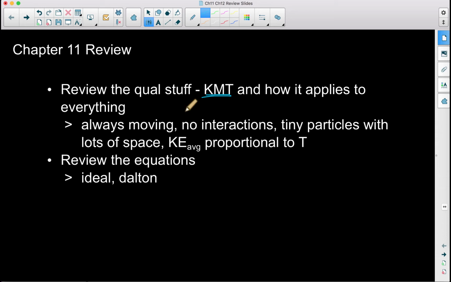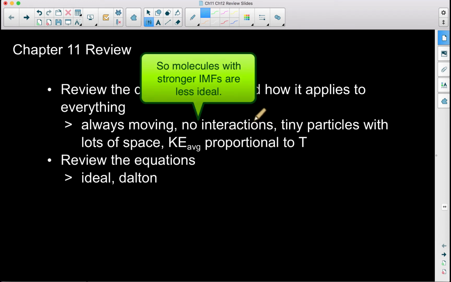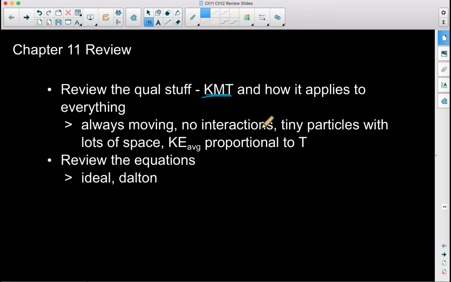Okay. So in a very shortened summary, particles are always moving in constant straight line motion. Those particles experience no interactions, no attractions, no repulsions, which is not true in real life. And their collisions are all elastic, meaning that energy is transferred completely with no loss.